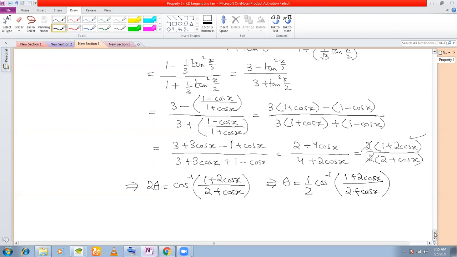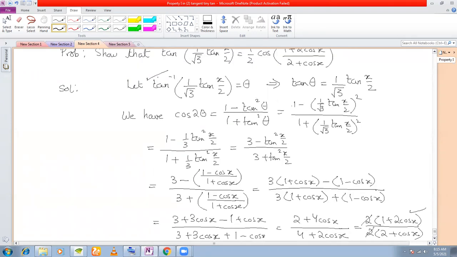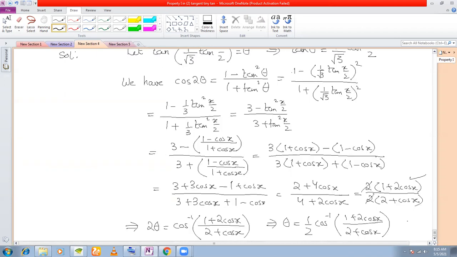So what did we start with? We started with theta as tan inverse of this left hand side. And what did we end with? We ended with theta is equal to this on the right hand side.